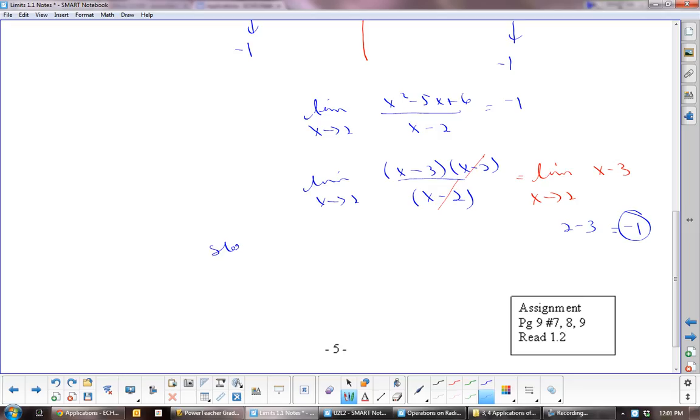So the slope at point 2, negative 6 would be negative 1.